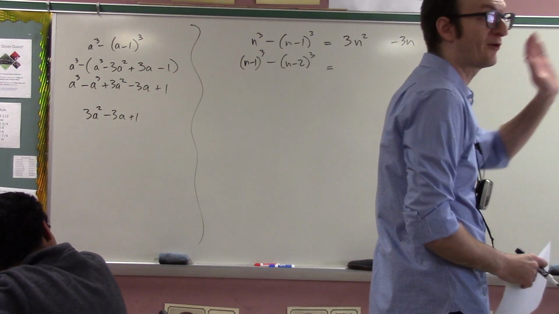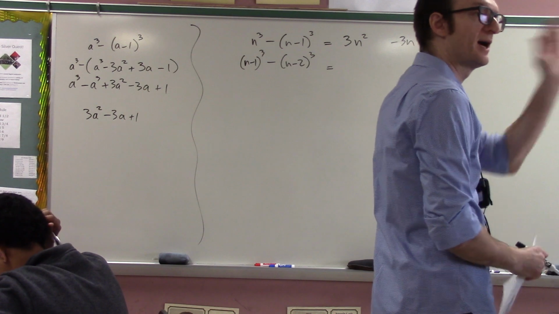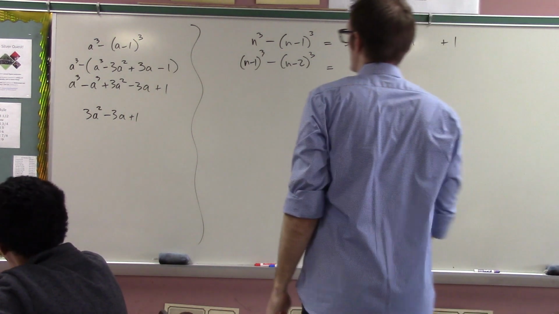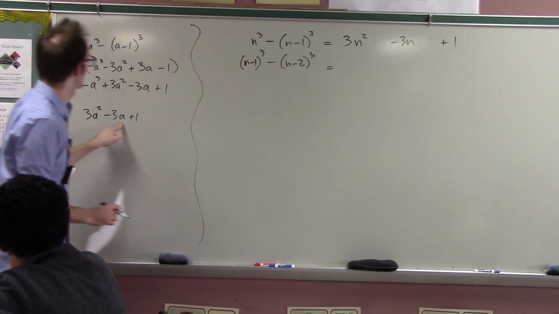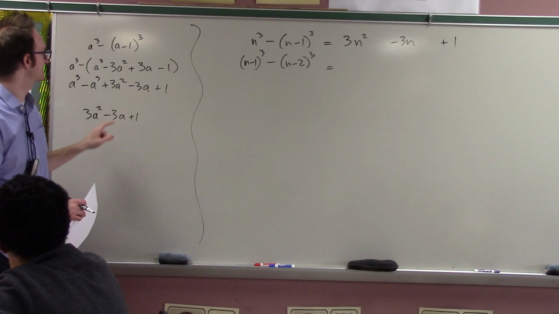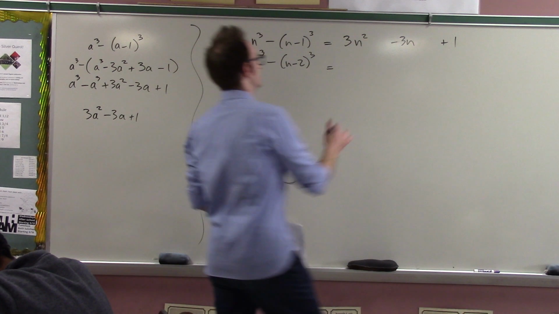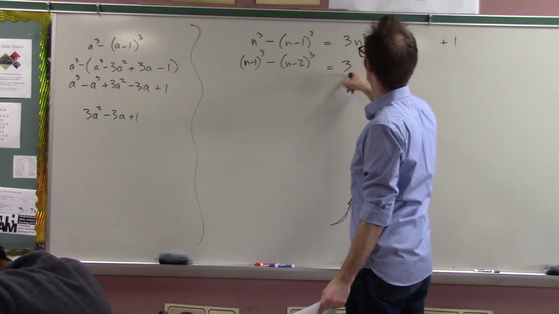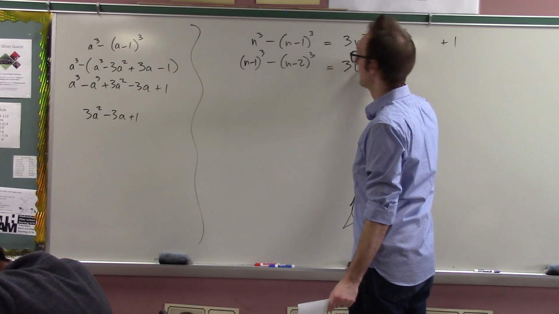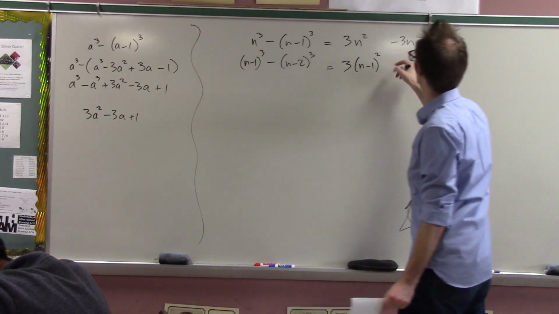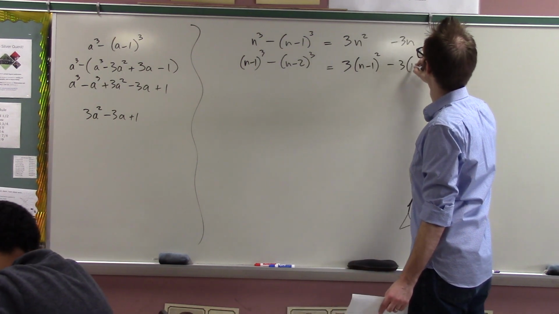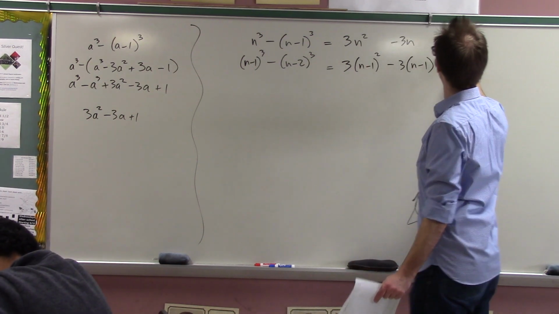It's still the difference of two successive cubes, so I can still use this formula, but now the a is n minus 1. So this is going to be 3 times n minus 1 squared minus 3 times n minus 1 plus 1.